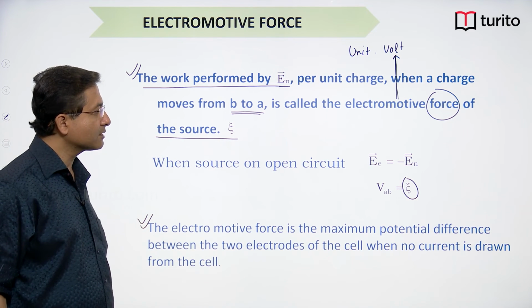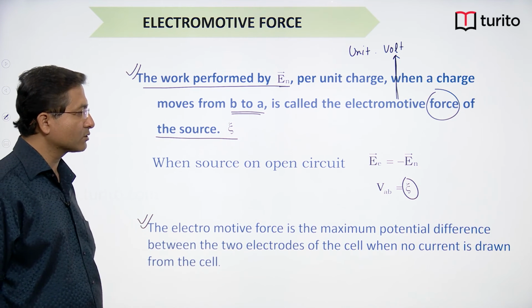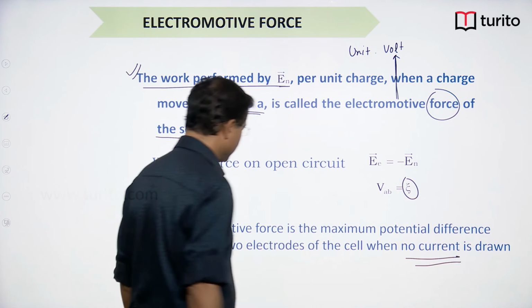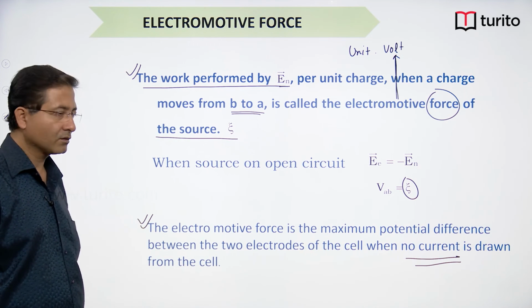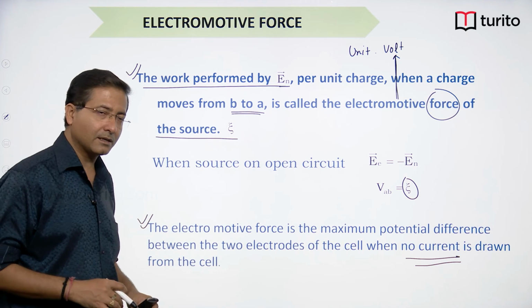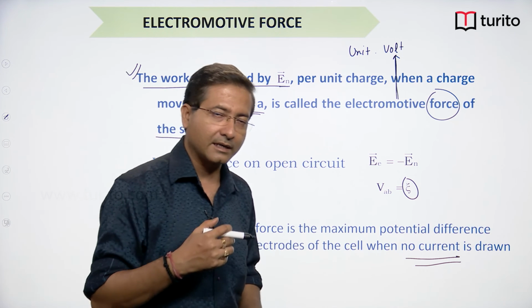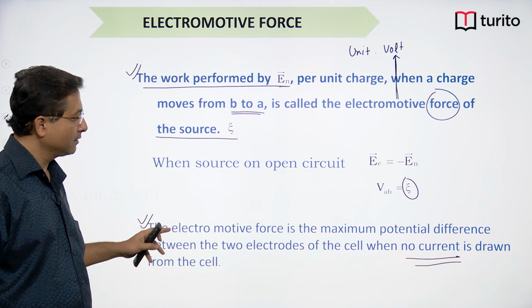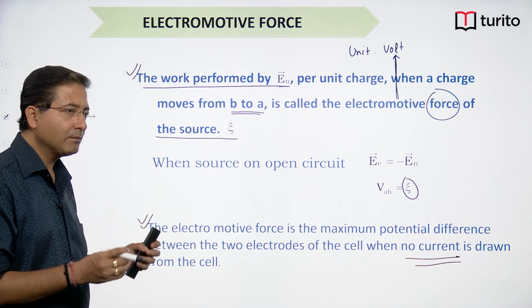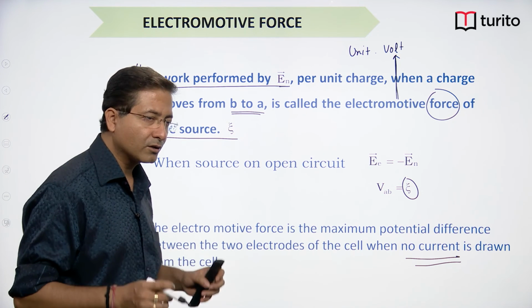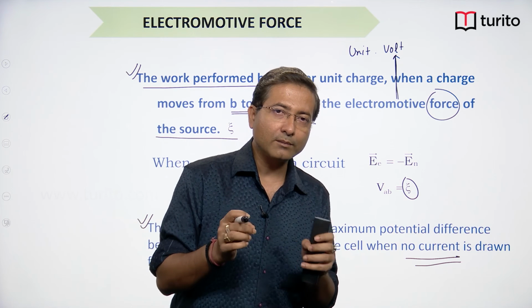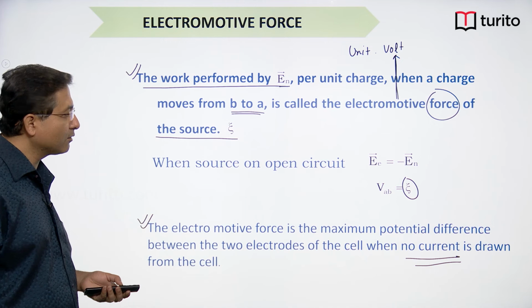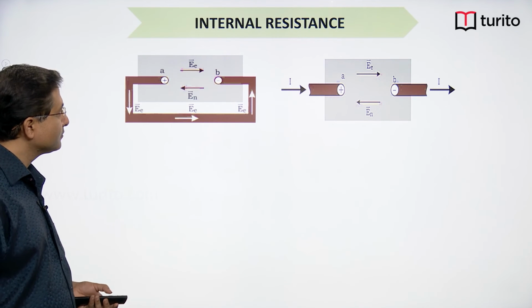The electromotive force is the maximum potential difference between the two electrodes of the cell. The condition is that no current is drawn from the cell, okay. When we are not taking any current from the cell, that means the cell is not connected to any circuit, then we can say that the EMF between the two terminals of the cell is the maximum potential difference, right.